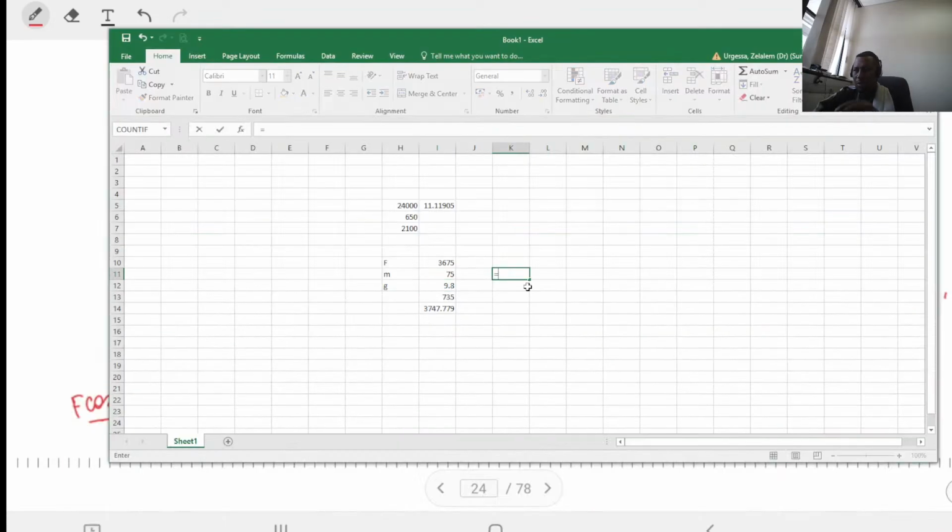M is, I can read it, 45. G, acceleration due to gravity, I'm taking 9.8. I don't know if she takes 10 or 9.8. The angle is theta, which is 20 degrees.